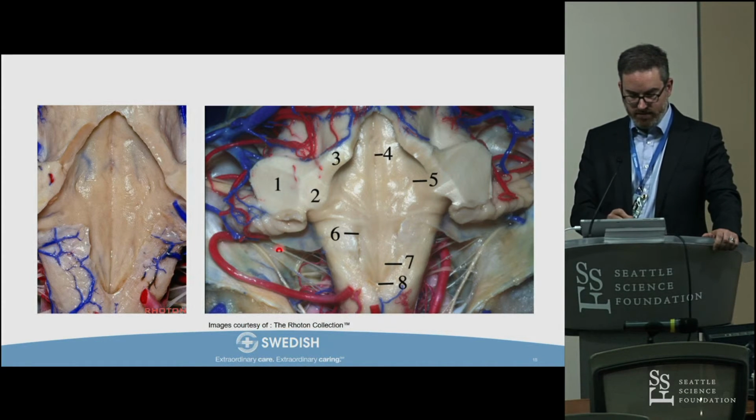Here's a slightly better view with labels. Here's the stria medullaris that we talked about. You can see that running from the median sulcus, which is number 4, out laterally over the cerebral peduncular mass, out laterally.